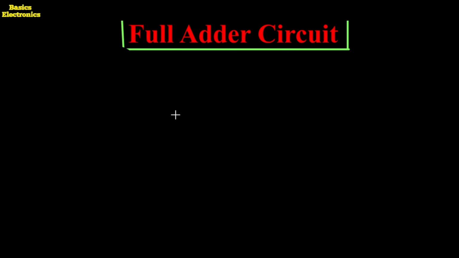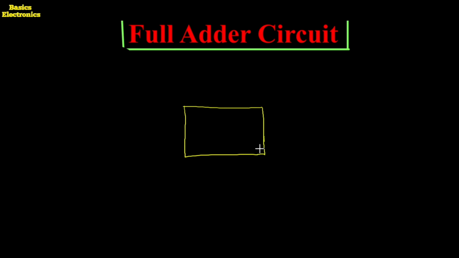So how can we construct it? For that purpose, once again we recall the full adder circuit's definition. This full adder is a logical circuit having 3 inputs and 2 outputs.